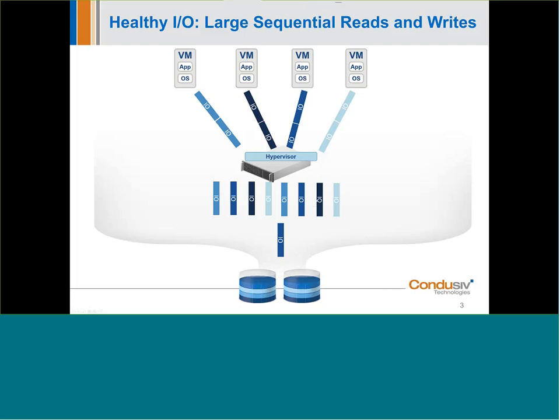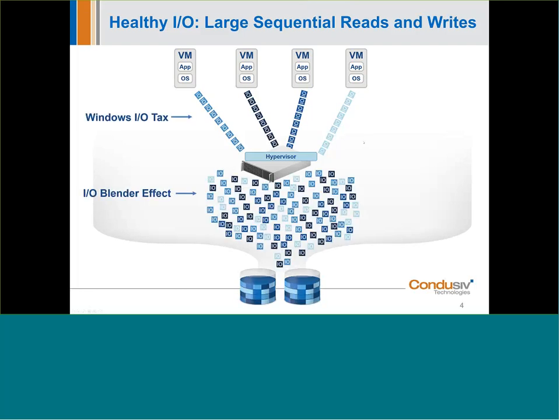So this is very efficient, but when you're running Windows in these virtual machines, unfortunately, this is not typically what you're going to see. What you'll see will actually look more like this. What's happening here is that same amount of data is being split into many more, much smaller I/O packets. And this adds an overhead.